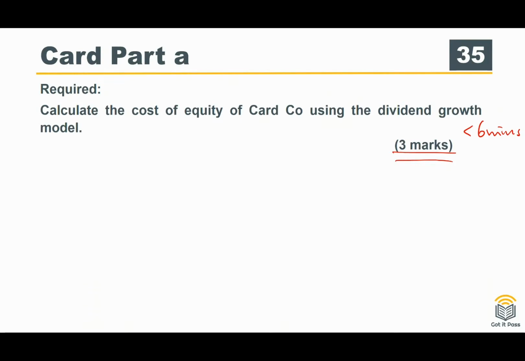By checking your formula sheet, you should know the dividend growth model, the DGM. The formula is the period zero dividend, or D naught, times 1 plus the growth rate, divided by P naught, the current price, plus the growth rate.